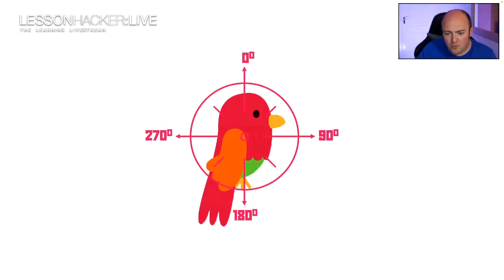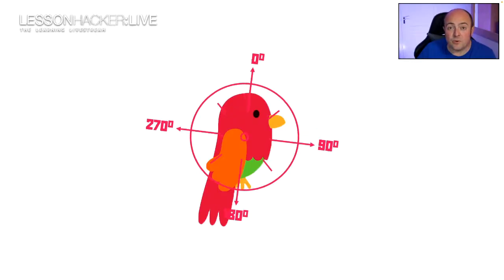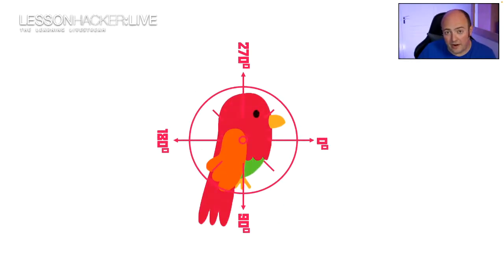This is a normal bearing diagram as you get in maths. 0 degrees is up. We move clockwise to 90, to 180, to 270. Okay? Some clever person, when programming Greenfoot, decided that actually 0 degrees was to the right. So you need to remember this as we rotate our characters.